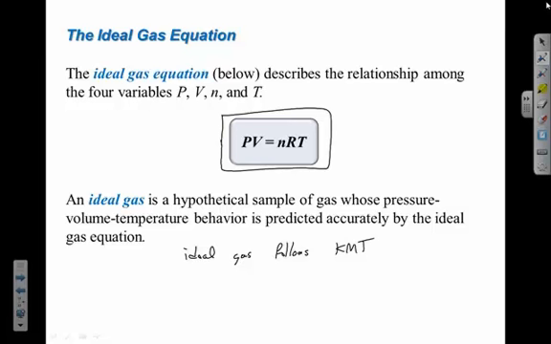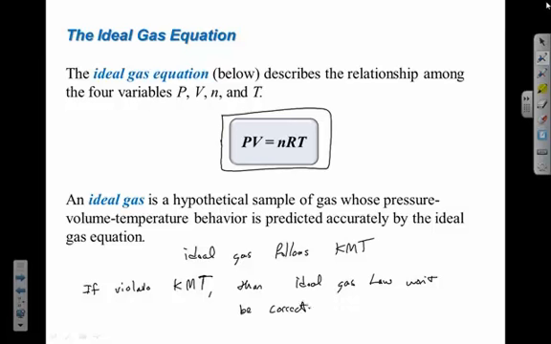Under extreme conditions, where we violate the kinetic molecular theory, where if we force the gas particles close together so there's not so much empty space between them, or if we slow them down really slow so they start to attract one another, then the ideal gas law won't be correct.